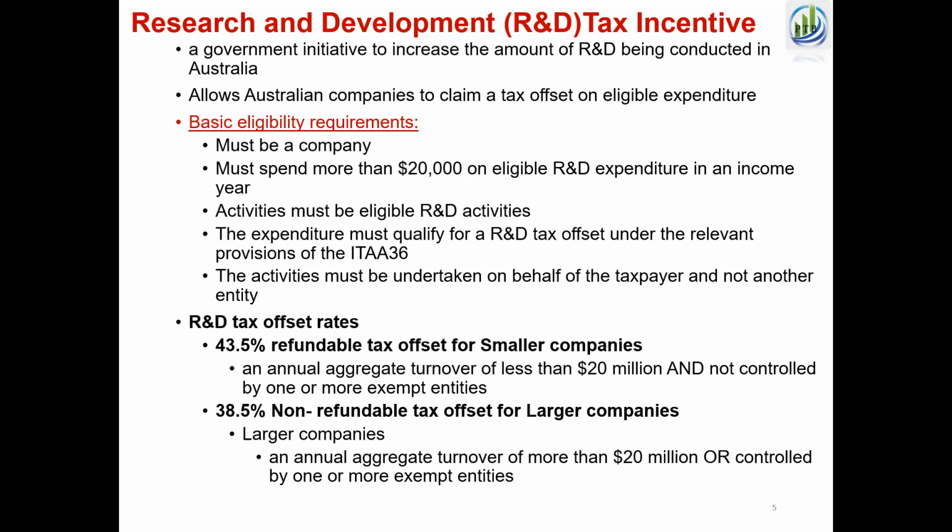So refundable or non-refundable is determined by whether you can offset only up to the tax liability. For a non-refundable offset, you will not get a refund, but a refundable offset means you offset your tax liability and any balance you can get back as a refund. With the non-refundable offset, whatever the 10,000 is, it is forgone. For larger companies, the balance will be forgone.